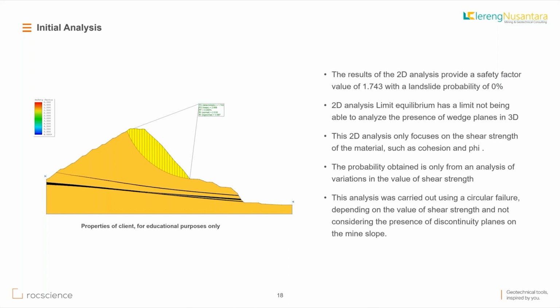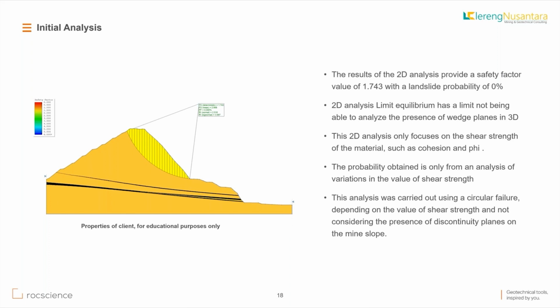The probability of failure obtained is only from analysis of variation in the shear strength. The analysis was carried out using a circular failure, depending on the shear strength, and it is not considering any presence of discontinuity planes on the mine slope.